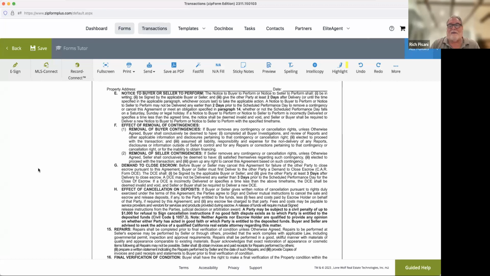If the buyer or seller gives written notice of cancellation pursuant to rights duly exercised under the terms of the agreement, the parties agree to sign and deliver mutual instructions to cancel the sale and escrow and release deposits, if any, to the party entitled to the funds, less fees and costs paid by escrow holder on behalf of that party.